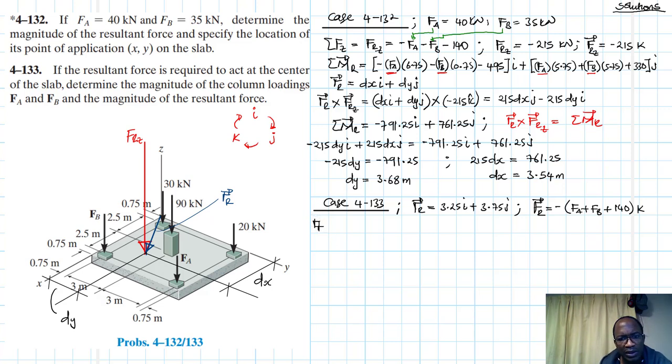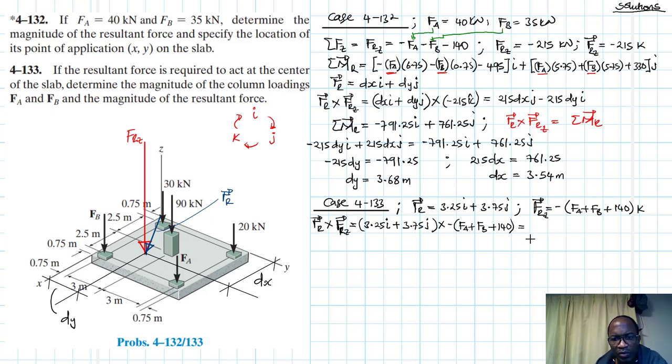So let's start with crossing this part. FRZ is equal to 3.25i plus 3.75j, okay, cross minus FA plus FB plus 140.